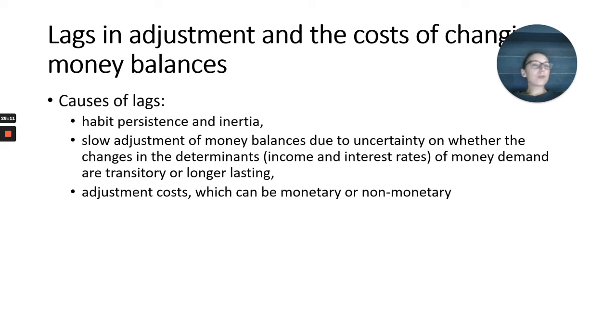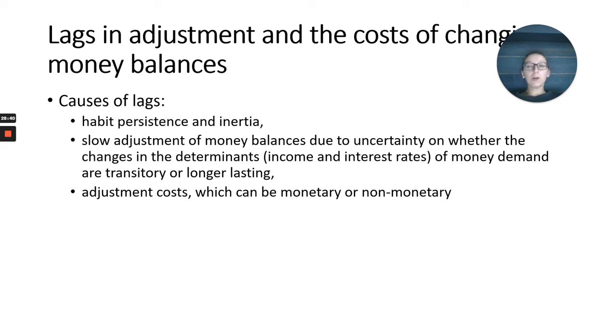If we see the interest rate increase this month, is it going to be increasing next month as well? Or is it going to come back, or stay stable? Because of not knowing this, people would rather do nothing and wait a while until they can make a decision about how long these changes last.